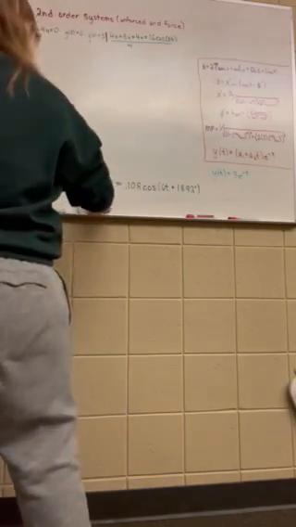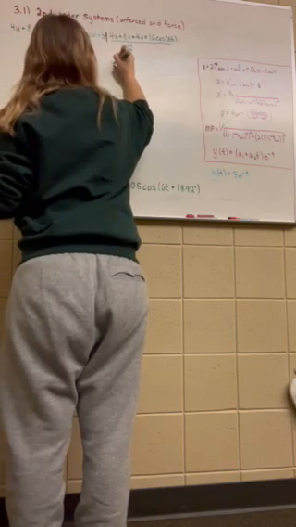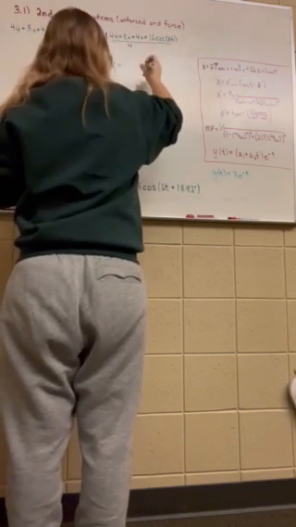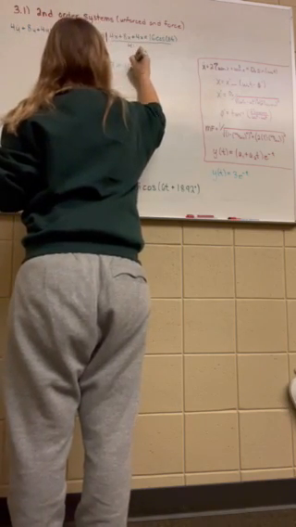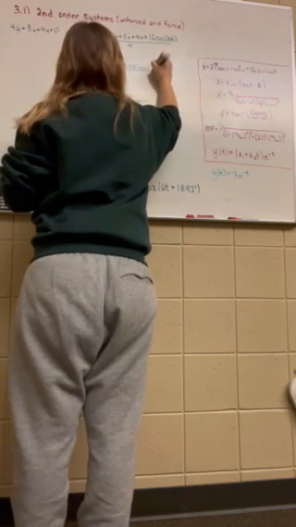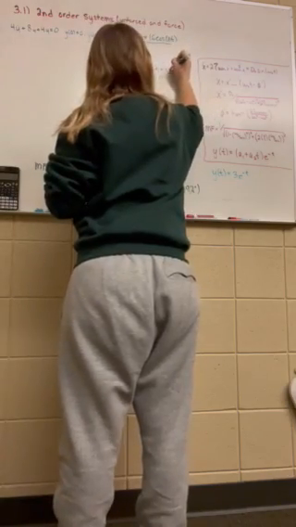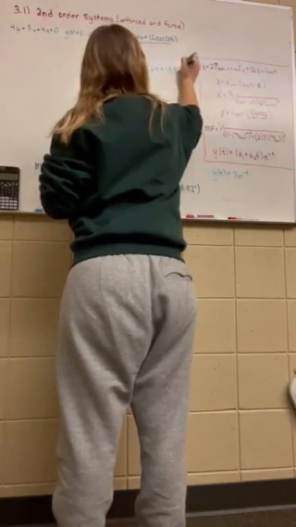All right. So for the forced system, we have x equals 0.108 times the cosine of 6t plus 18.92 degrees.